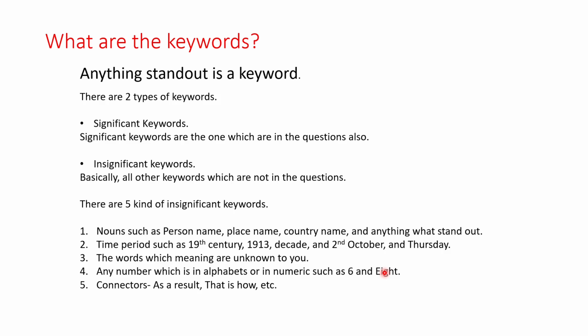Fifth one is connectors, such as as a result, that is how, etc. Out of these connectors, the most important are contrast connectors, such as nonetheless, however, but, and although. I have noticed that 50 to 70% of questions are located near these words for true false not given questions.